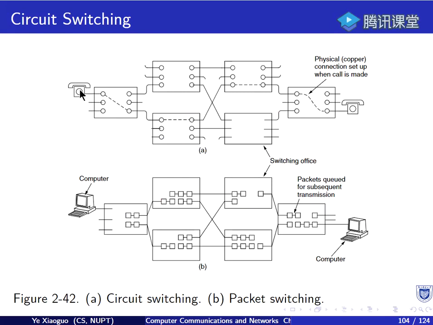So if this telephone is yours and the one on the right is the receiver, then the switches will establish a path between these two ends.